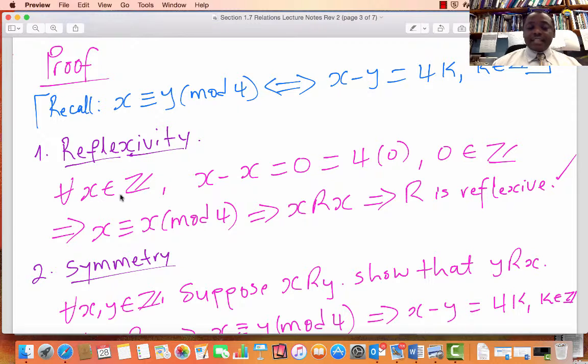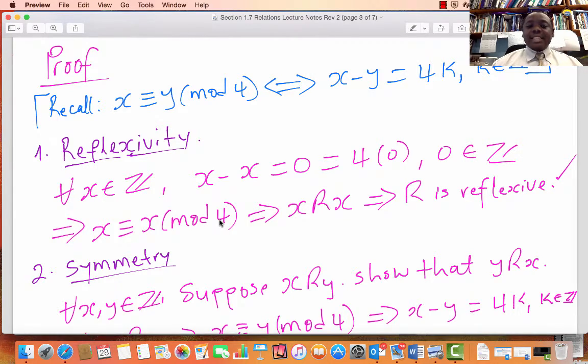Now, for every x in Z, x minus x equals 0, which equals 4 times 0, 4k. So I have written x minus x as 4 times k, where my k is 0 and it is an integer. Whenever x minus y equals 4k, I would say that x is congruent to y. So having written x minus x in this form, that means that x is congruent to x mod 4.